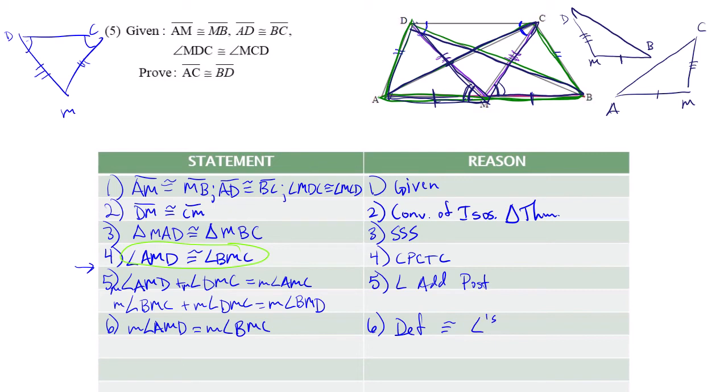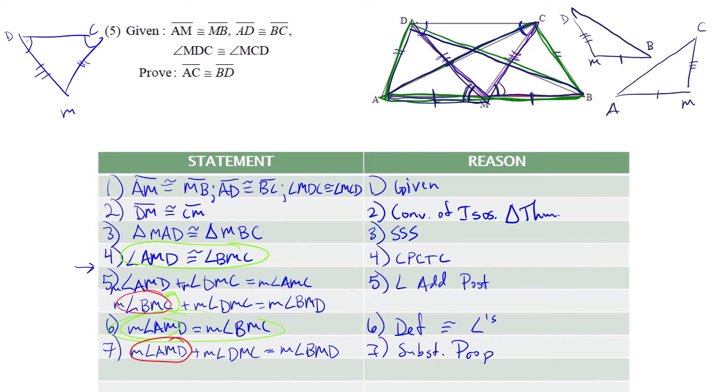Okay, and now that I have this, I can substitute AMD in for BMC, or the other way around, right? So the measure of angle AMD plus the measure of angle DMC equals the measure of angle BMD. And I use the substitution property of equality there, right? What I did is I replaced this for this.